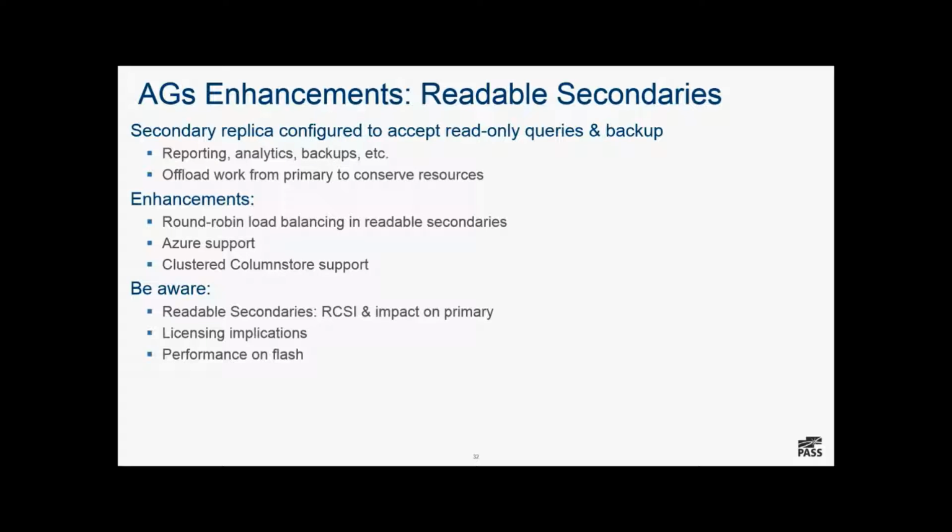And beware the performance on Flash. I mentioned that there are some performance implications. The reason that we have readable secondaries in the first place is to offload work from the primary.